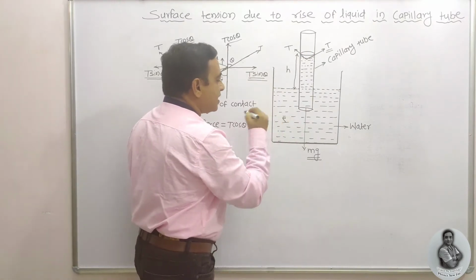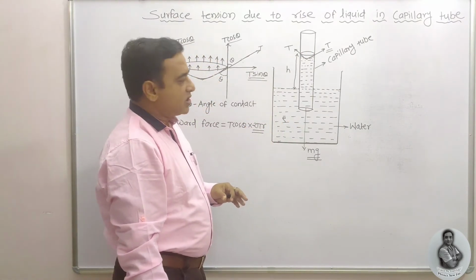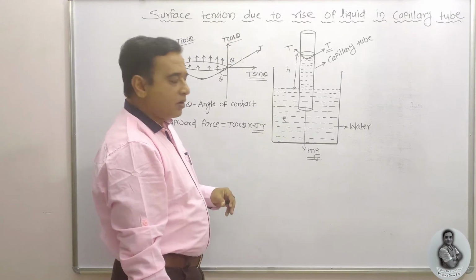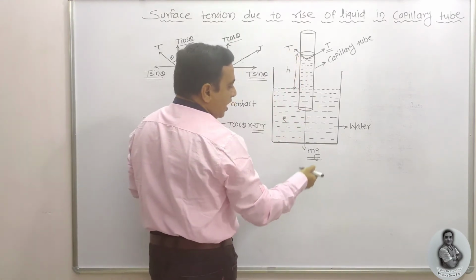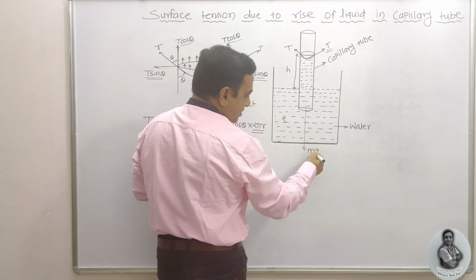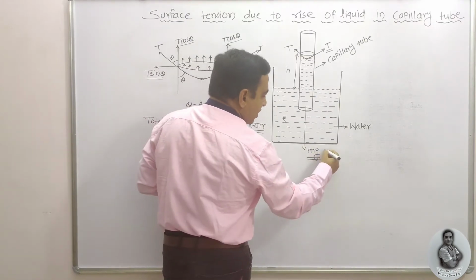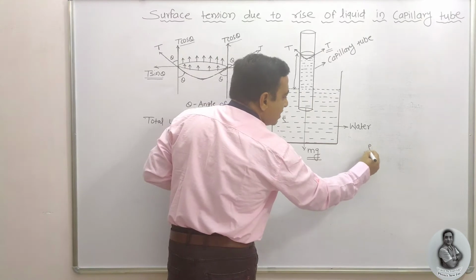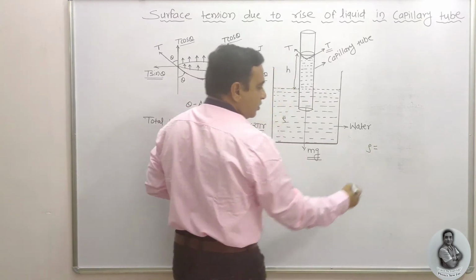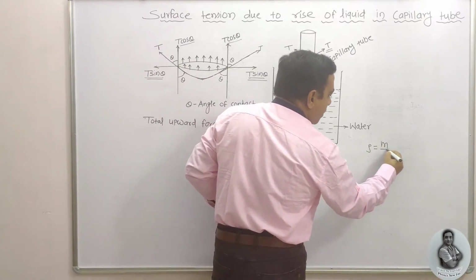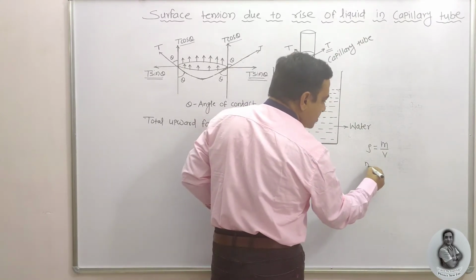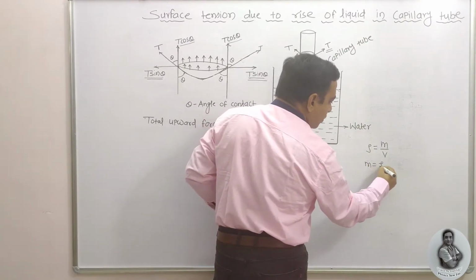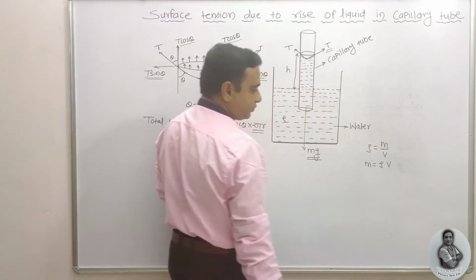If rho is the density of the liquid which is present inside the container and which rises inside the tube, I am going to write: density is equal to mass upon volume, and mass is equal to rho into volume.